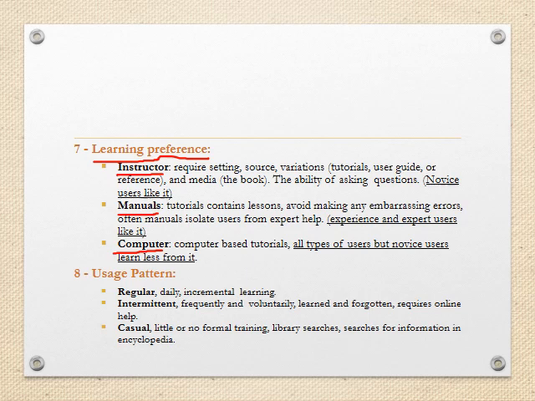With instructors, we require settings, sources, variations such as tutorials, user guides or references, and media, the book. This kind of learning preference gives you the ability to ask questions. Novice users usually like it.